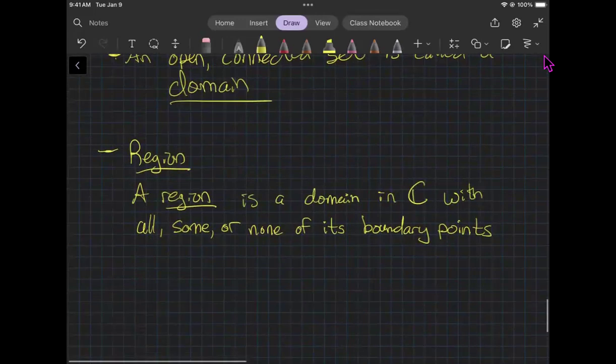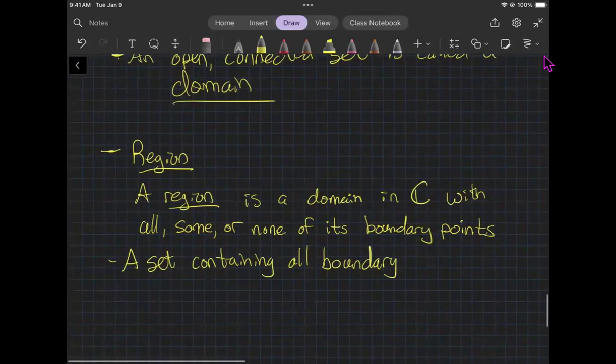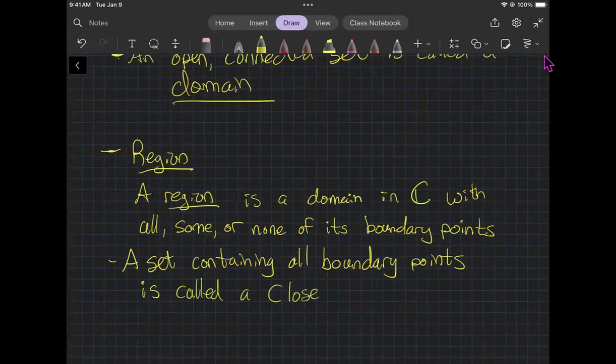Okay. And a set containing all boundary points is called a closed set.